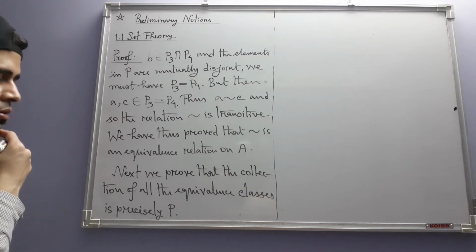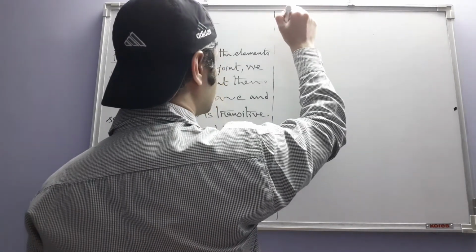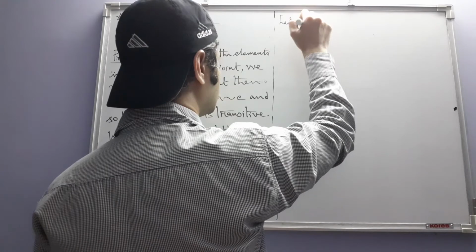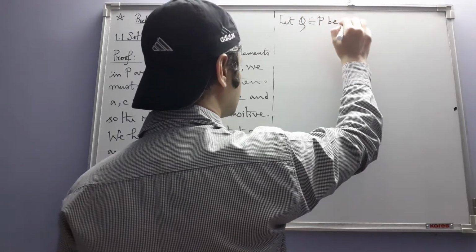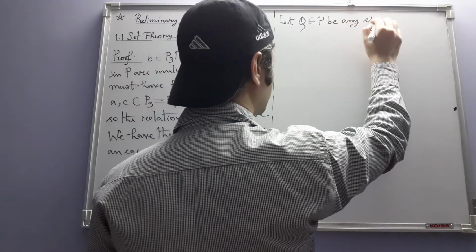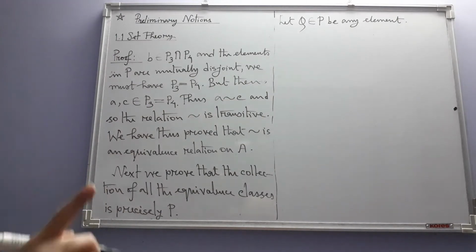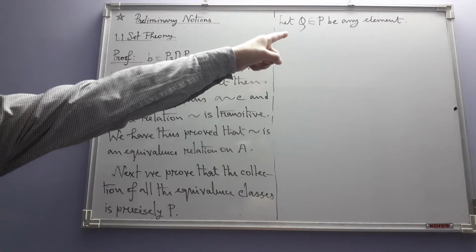Okay. So let Q belonging to P be any element. That means Q is a subset of A that occurs in the collection P.